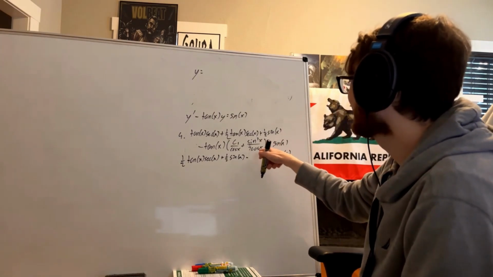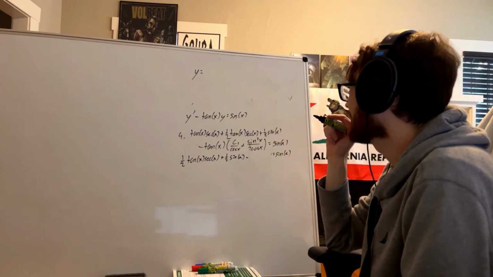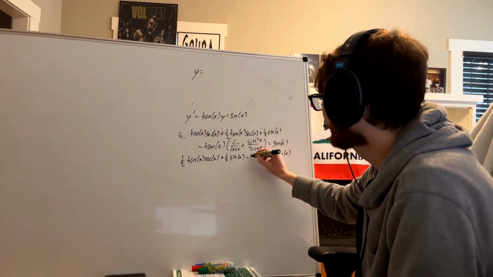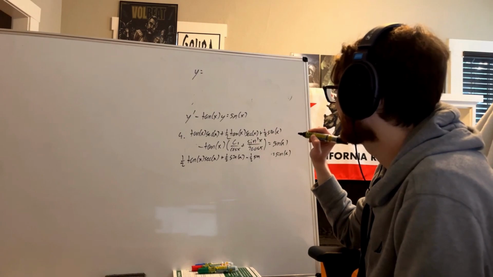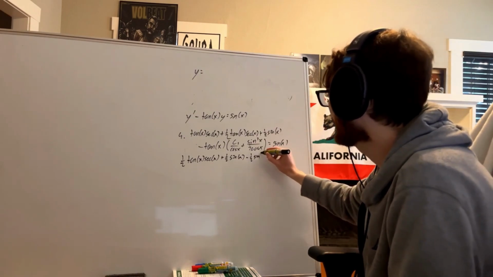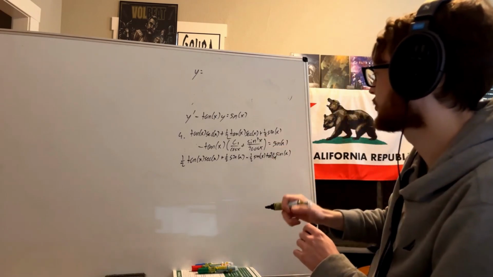So sine squared over cosine is the same thing as sine x tangent x. So it's also 1/2 sine x tangent squared x, which this still isn't true.